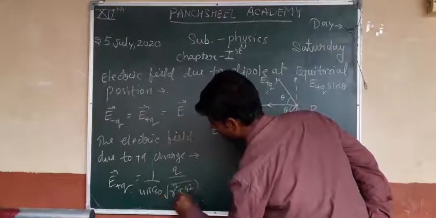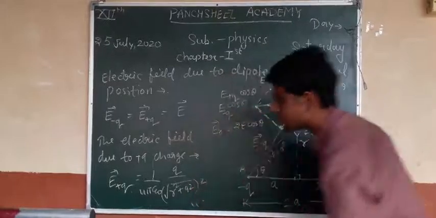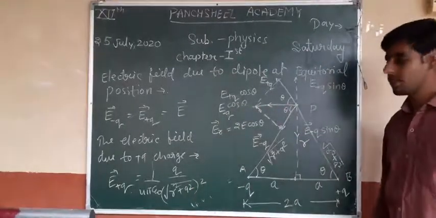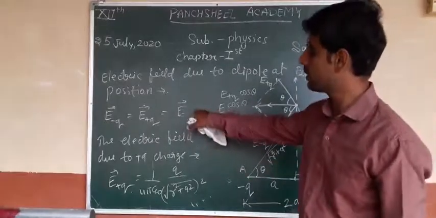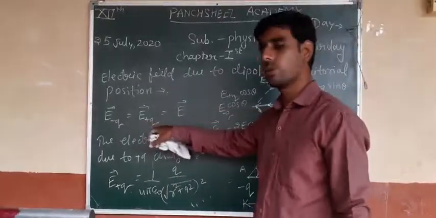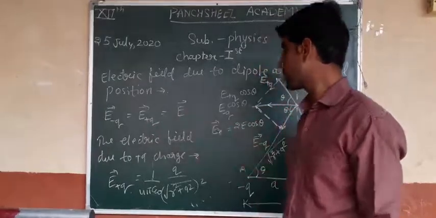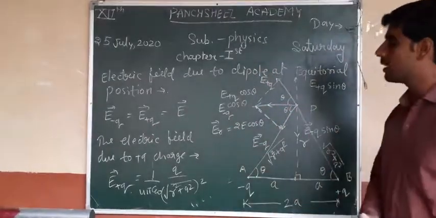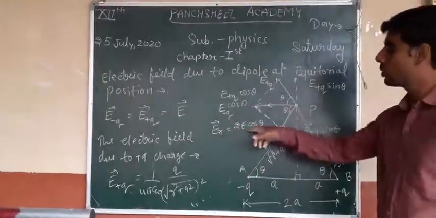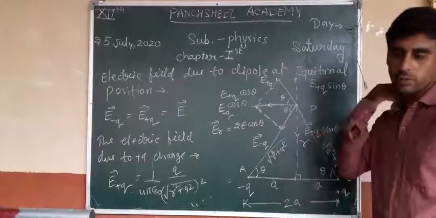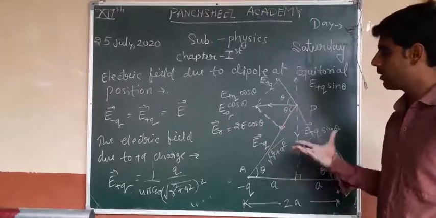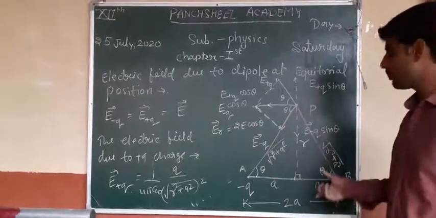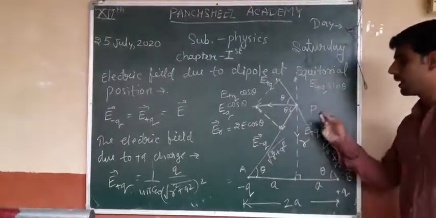Okay, so these two values are the same, and we assume that E minus Q equal to E plus Q equal to E. So the resultant value of electric field is 2E cos theta. Okay, so we resume this value and find the value of the resultant electric field due to the electric dipole at point P.